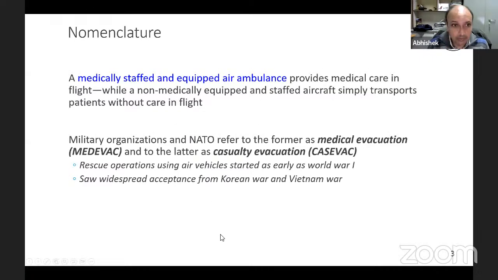Let's move ahead. Just look at the nomenclature of what kind of platforms are used for this air ambulance application. The nomenclature that I could find on the net is: a medically staffed and equipped air ambulance provides medical care in flight, while a non-medically equipped and staffed aircraft simply transports patients without care in flight.